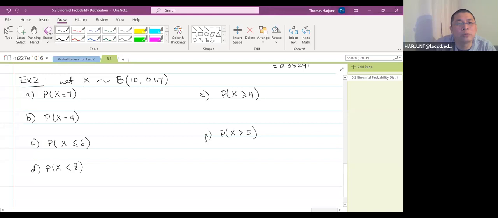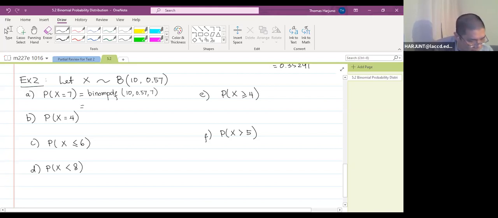Okay, binomial distribution, probability x equals 7. The calculator notation first: binompdf(10, 0.57, 7).